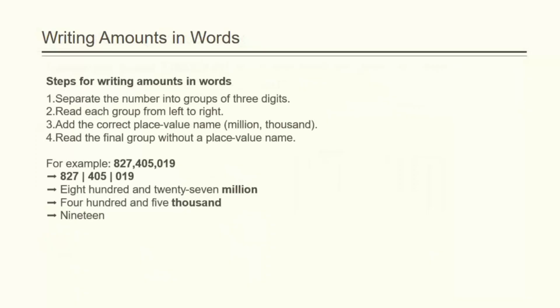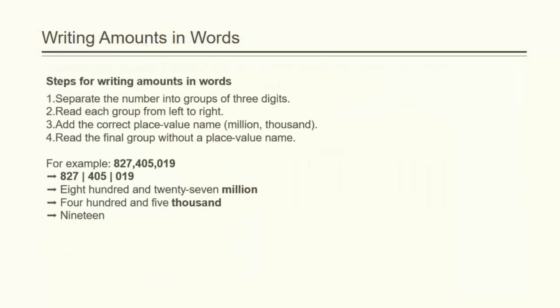Let us now look at writing amounts in words. Let's follow these steps in writing amounts in words. The first thing you do is to separate the number into groups of 3 digits. 2.